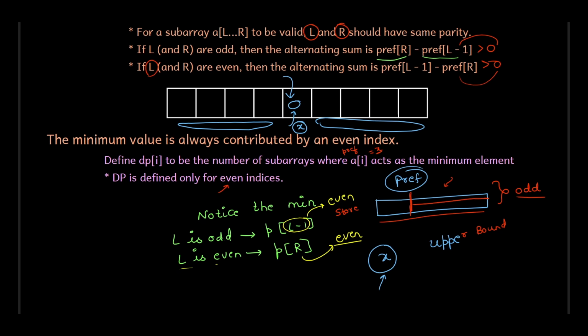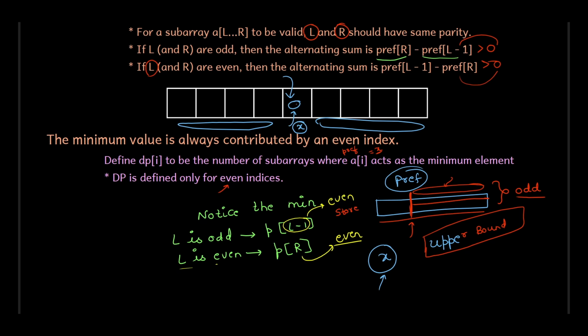So it will be some suffix, and this part you can find via the upper bound function from C++ STL, via binary search basically. And then all of these elements will contribute to the final answer, because these elements are strictly greater than it.